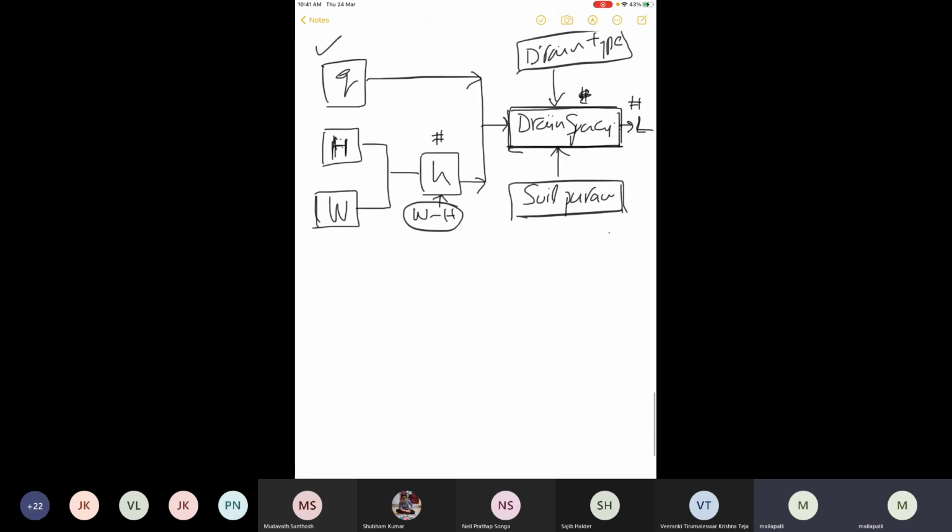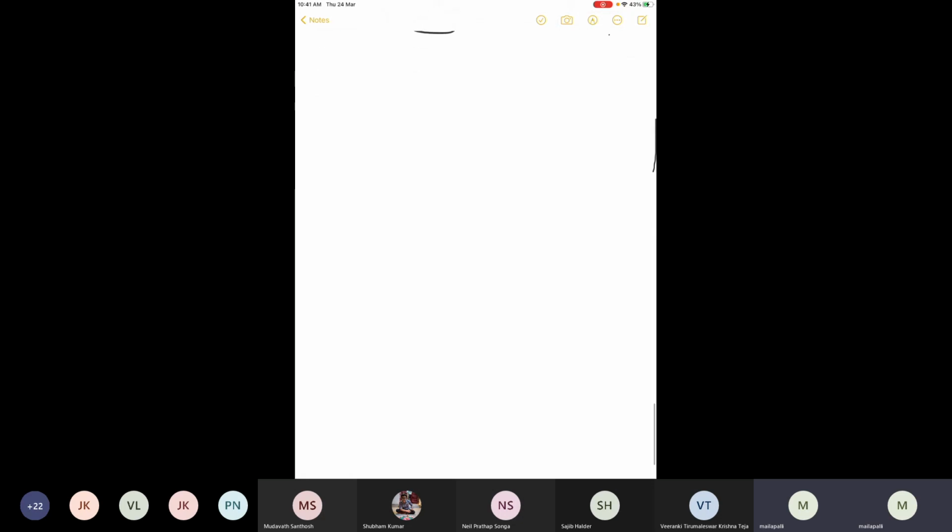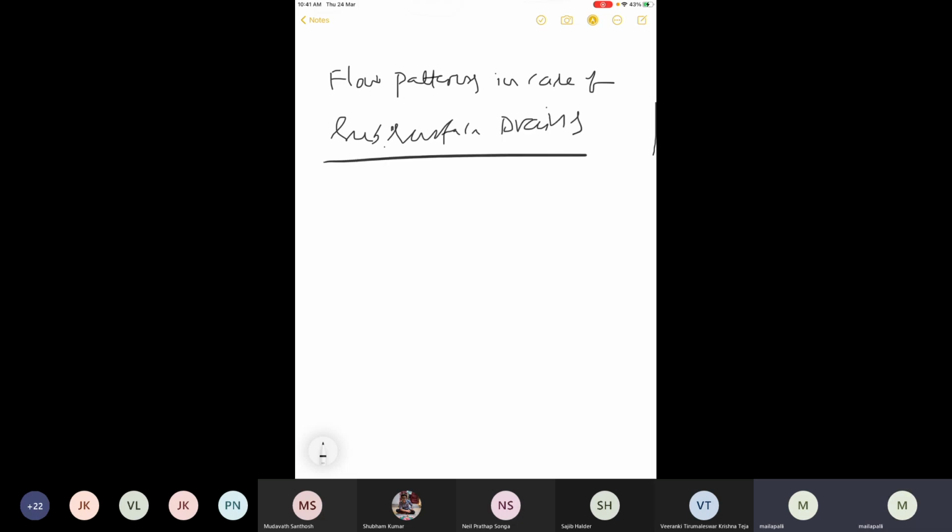Before that, let's look at the flow pattern in the case of a subsurface drainage system. So the flow patterns in case of subsurface drains.